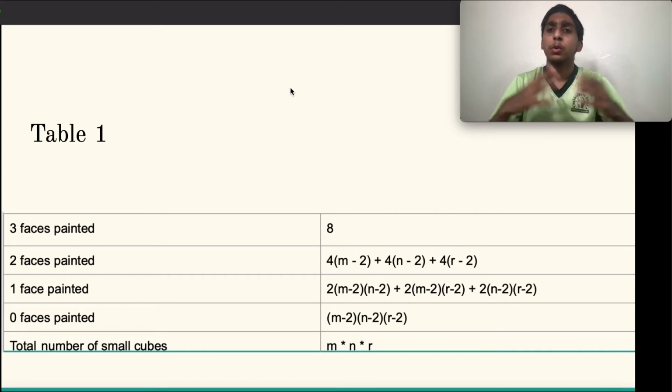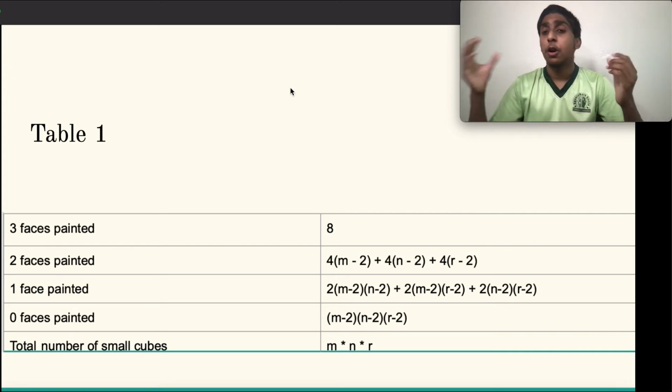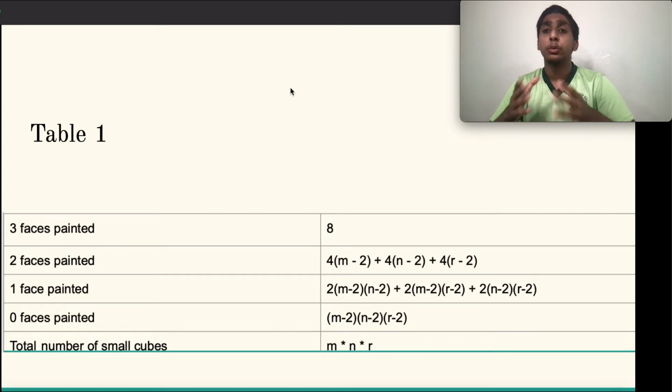Alright, so let's just quickly go over these formulas and how they work basically. As you can see, for the 3-face, 2-face, 1-face, and 0-face painted formulas, you're simply plugging in these m, n, and r values you have. Again, as I said, you can use whatever m value you want, just be consistent with your usage of it. Now, when they ask what is the total number of small cubes, well, each of these cubes is 1 times 1 times 1.